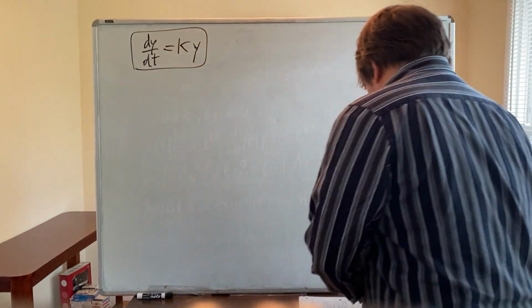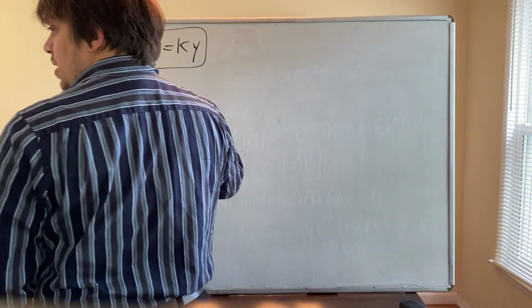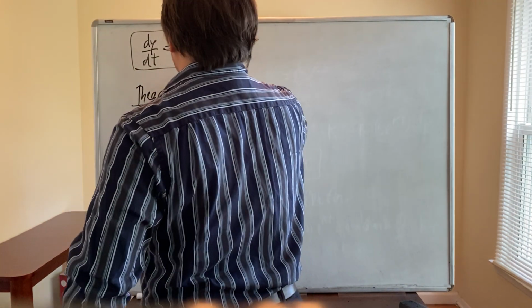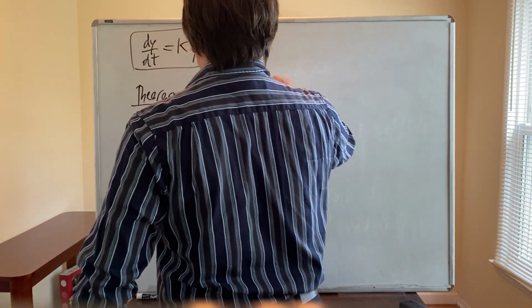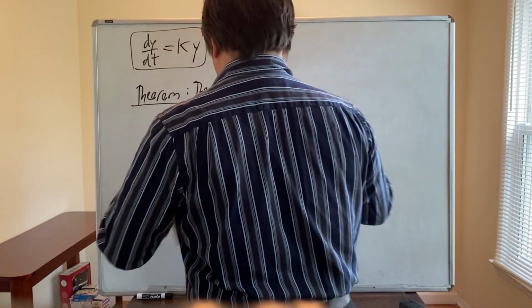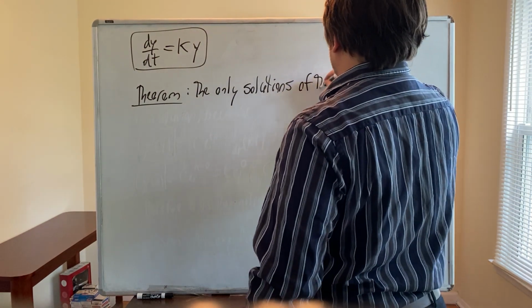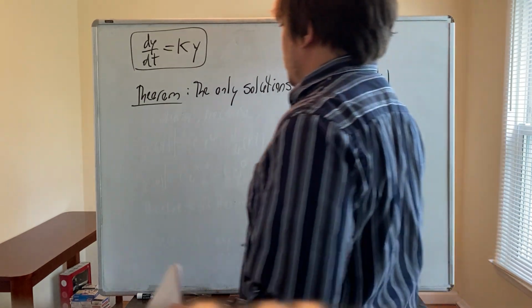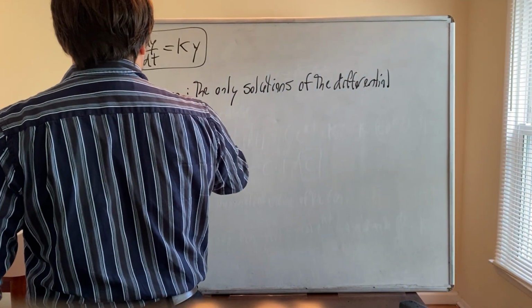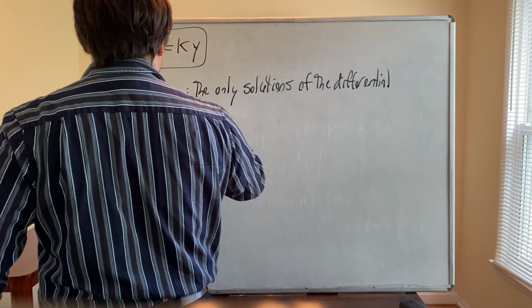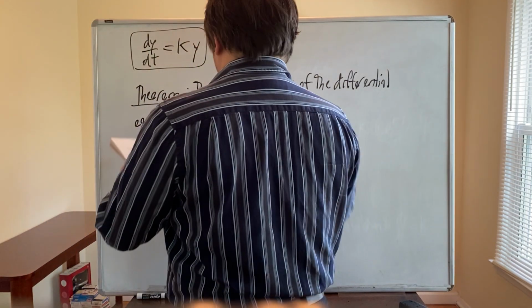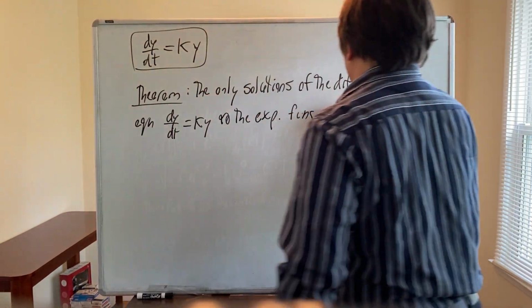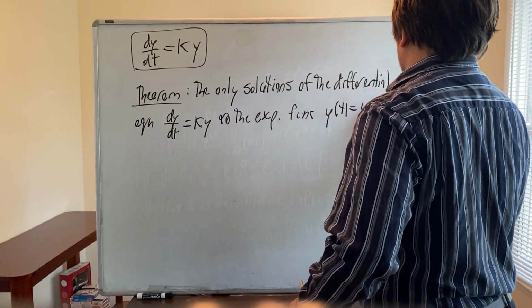So the theorem is this. The only solutions of the differential equation dy dt is equal to ky are the exponential functions y of t is equal to y of 0 e to the kt.